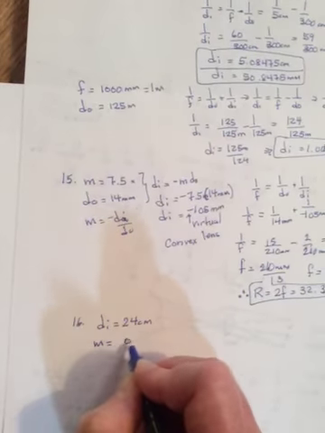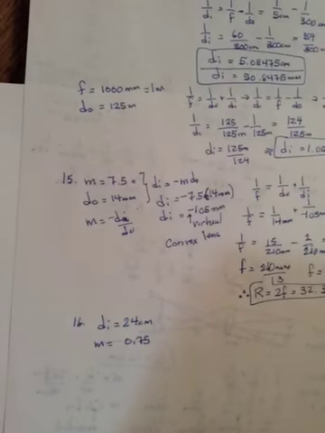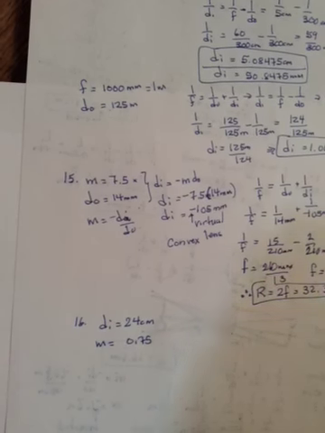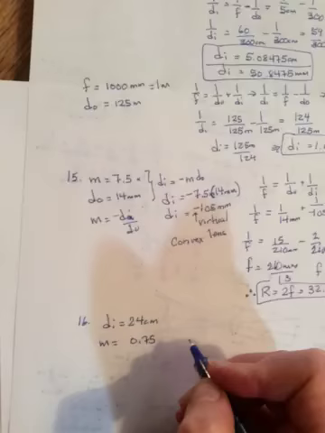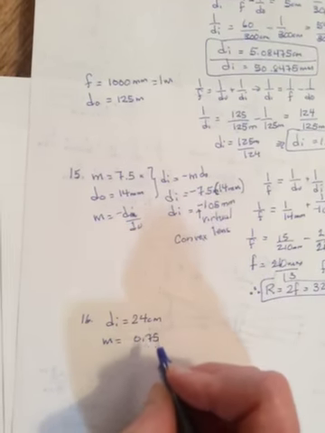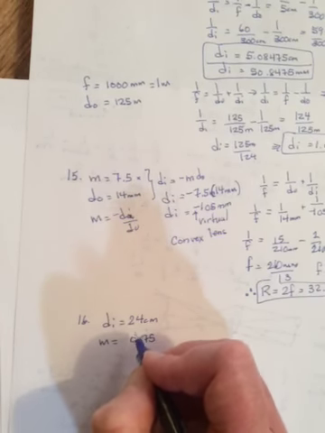So M is 0.75. What should the focal length be? Convex produces an image that, okay, so, and it's behind the lens. So behind the lens means it's going to be real.